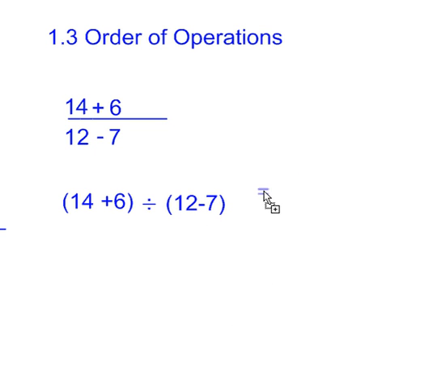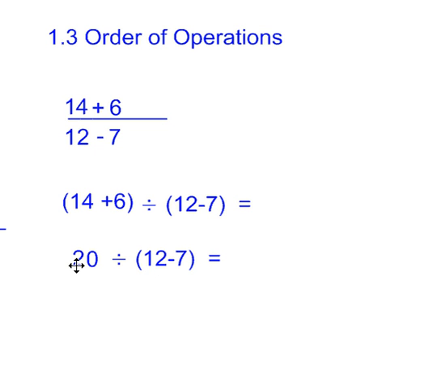And so we can rewrite this as the group 14 plus 6 divided by the group 12 minus 7. Now we're going to use order of operations. Are there parentheses? Yes. So we go to the first one, left to right. 14 plus 6 is 20. And then we would rewrite it as 20 divided by the group 12 minus 7.